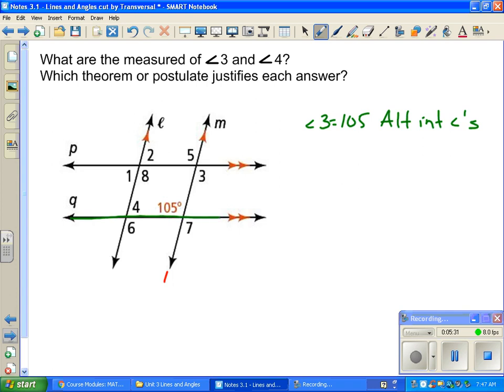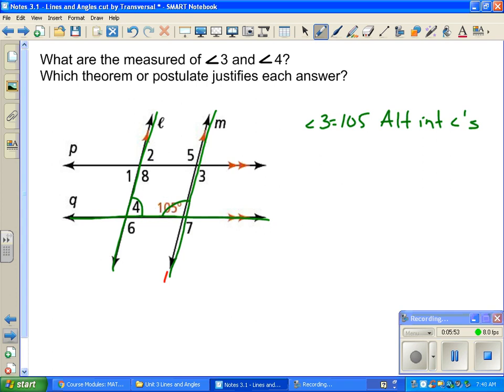So this is the transversal that 105 and angle 4 are on, and here are the two lines that they are related to. So first of all, they also are on the interior, but they are not the same size. That's very obvious from looking at them. They are on the same side of the transversal between the parallel lines.